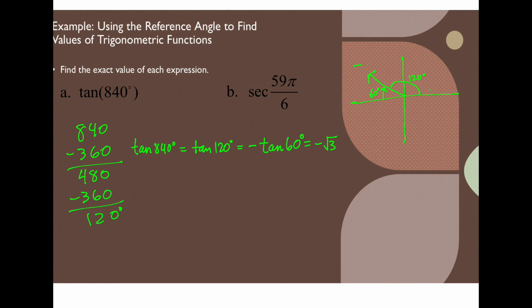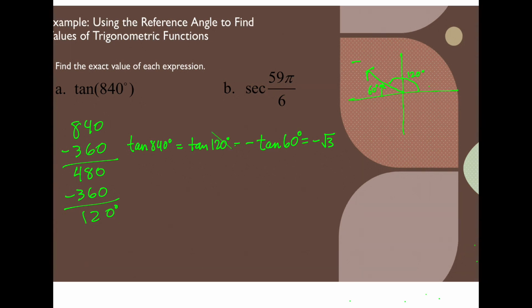Since we know tangent is negative in that quadrant, whatever tangent comes out to be for 60, basically, we just want to use that same number. A lot of these common things that appear, the only thing that changes is the sign, depending on what quadrant they're in. So it isn't necessary to even have to memorize the entire table, but just the key ones within the first quadrant. And then we can attach the signs based on the reference angle and the quadrant that they're in.